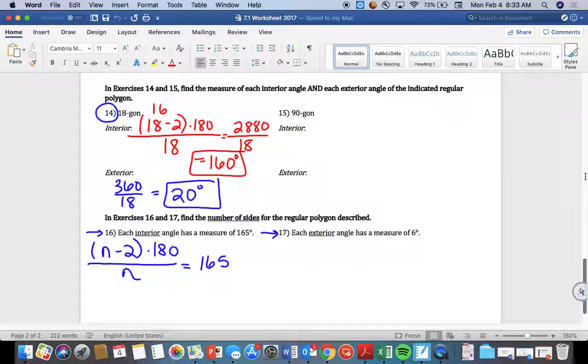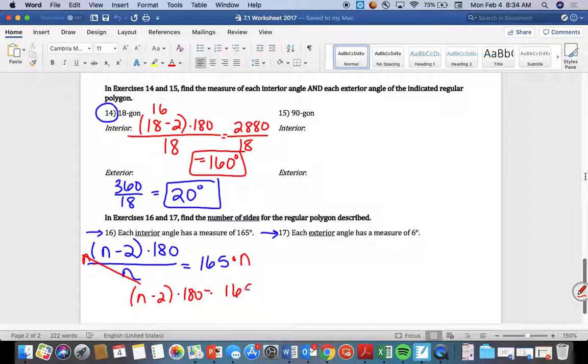So what was the first thing I had to do here to solve for n? Times what by both sides? N, multiply by n on both sides. Now, it didn't go away. When you multiplied, it wasn't like, poof, magic, gone.